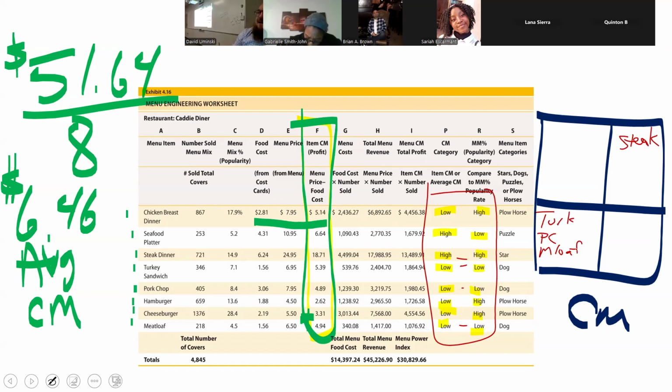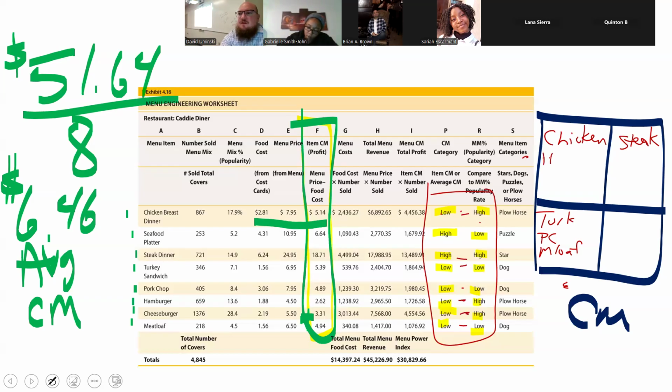Now, pick one. Contribution margin is low. Popularity is high. Low and high. That's my plow horse. So that's my chicken dinner. And now I have low, high in my head right now. So let me look down my categories. Here's another low, high, and low, high.